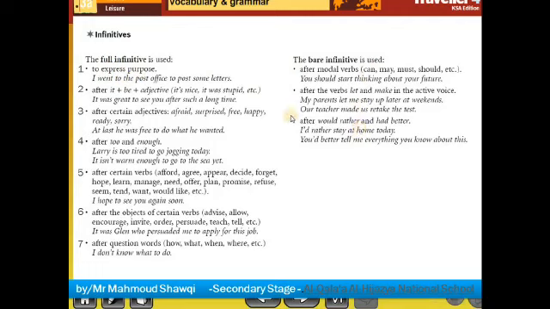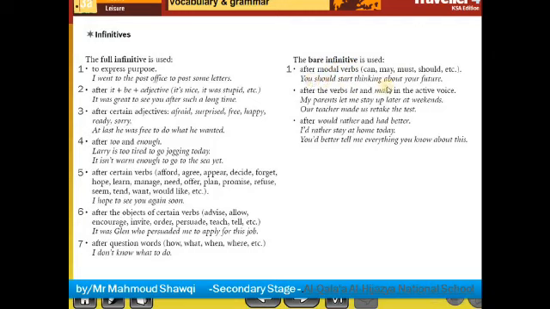We have 3 cases here. Okay, after modal verbs, this is number 1. After modal verbs, can, may, must, and should, we use the verb in bare infinitive without adding anything.